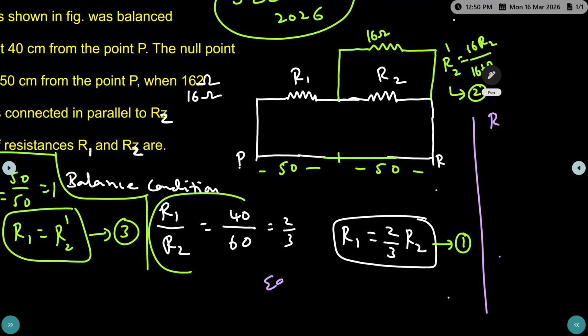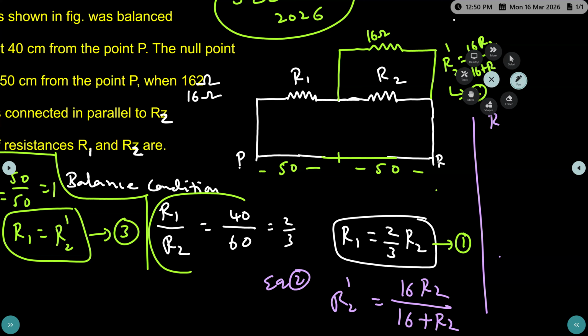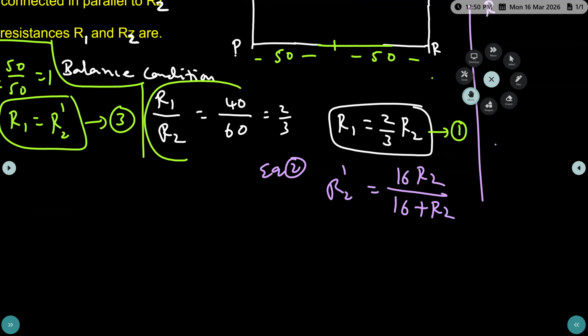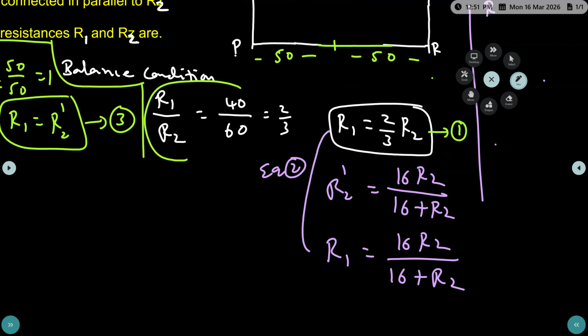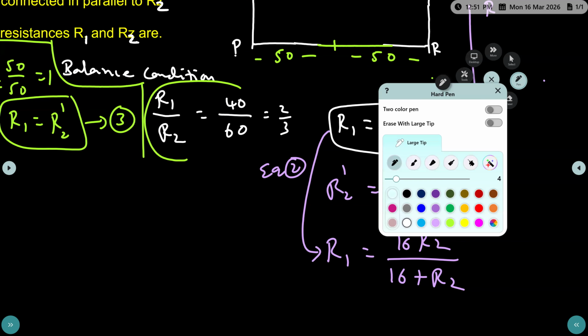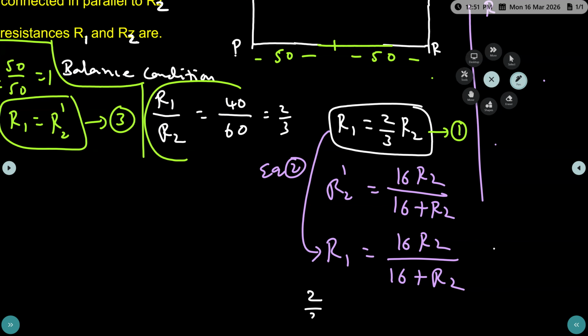Equation 2 is R2 dash is equal to 16 R2 by 16 plus R2. In place of R2 dash, I am writing R1, from equation 3. Now again, I am using equation 1 here: in place of R1, you can write 2 by 3 R2.